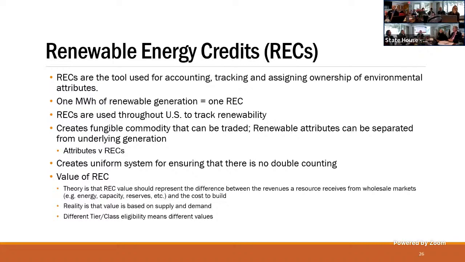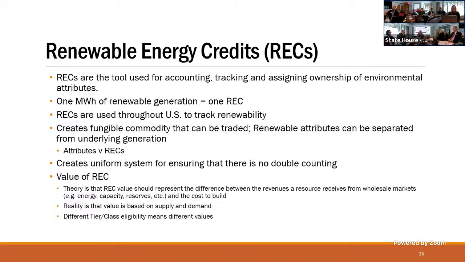If he chose to get a higher incentive for building, or by getting a higher rate for every kilowatt hour he generated, and with that transferring the renewable energy credit to the utility, then that credit allows the utility to claim that a megawatt hour is renewable, and he's transferred that attribute to the utility.